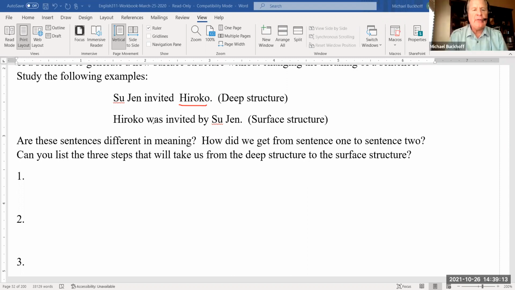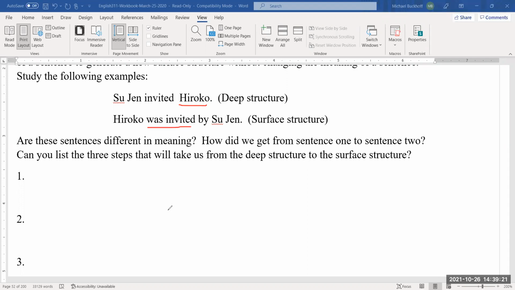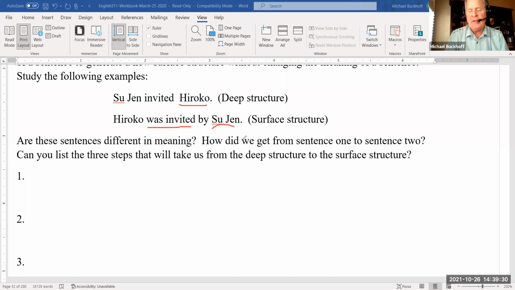Now let's look at the next thing. So instead of invited, what do we do? You added the was invited. Good. Okay. And then notice how we have Sujin has been placed at the end of the sentence. So the subject actually becomes the object and the one becomes the subject and so on.